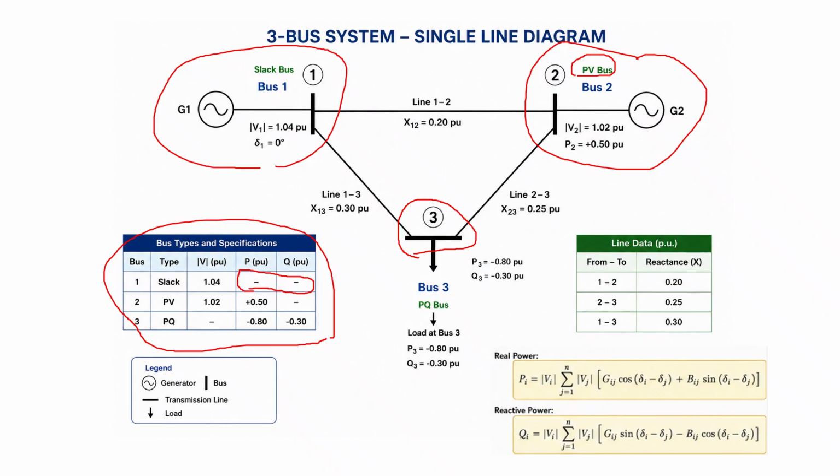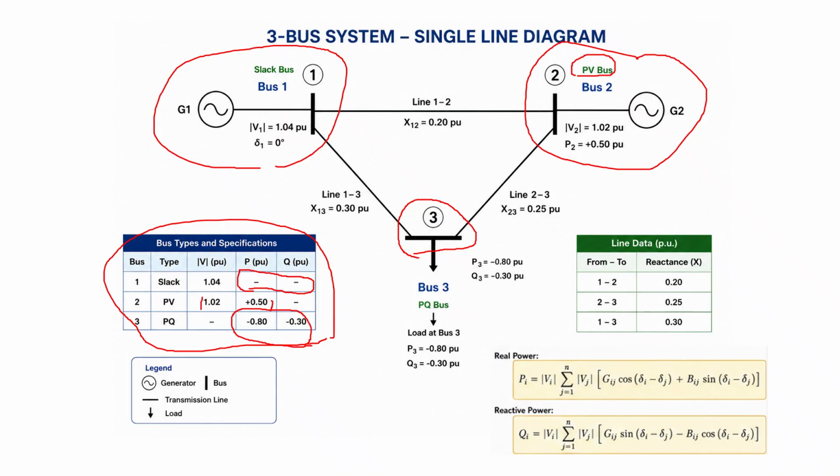In addition, we have a PV bus where the voltage magnitude and active power are specified, whereas reactive power will be calculated based on the power mismatch. Again, we have a PQ bus where active and reactive power are specified, but voltage and voltage angle will be calculated.